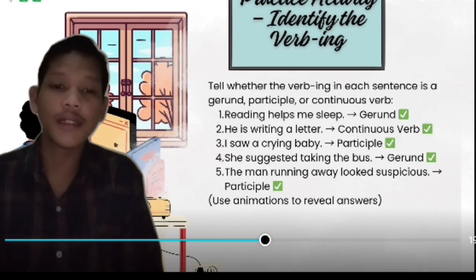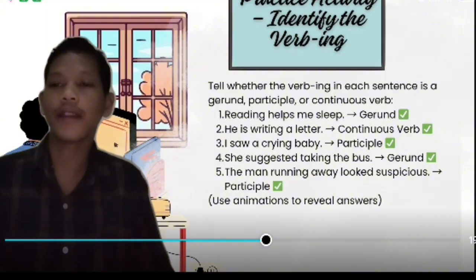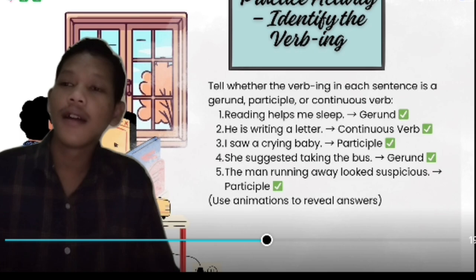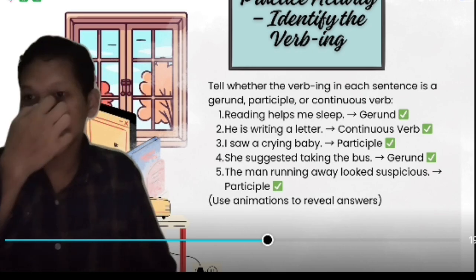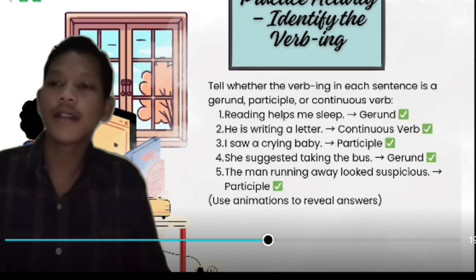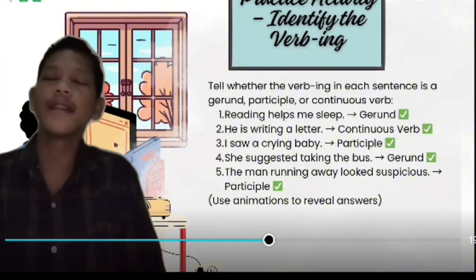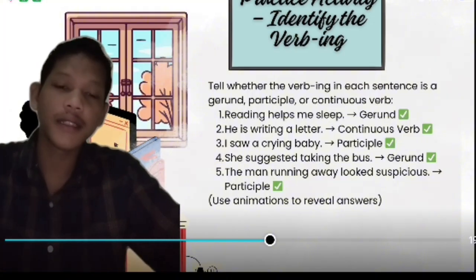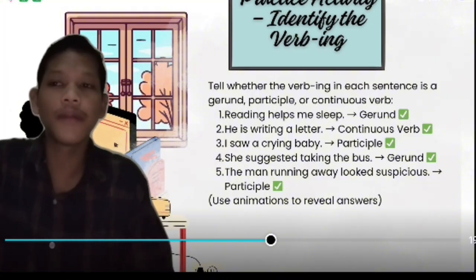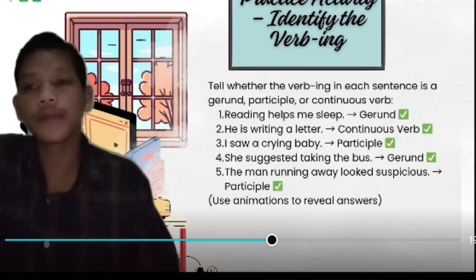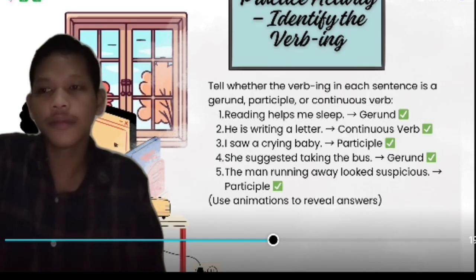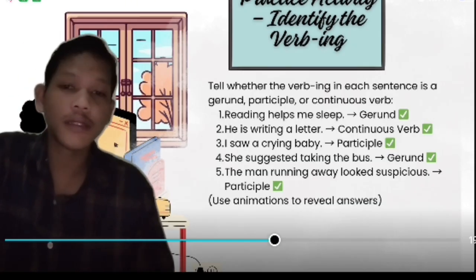And the second sentence, he is writing a letter. Writing here, is it a gerund, participle, or continuous verb? Who know the answer? Which one the correct answer? Okay, Ahmad, what is your answer?